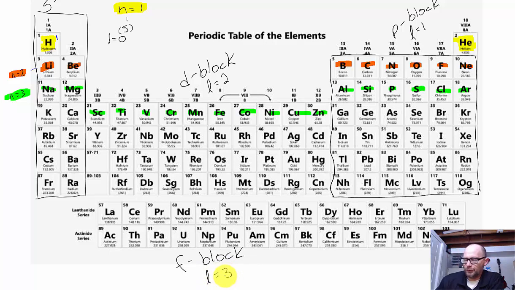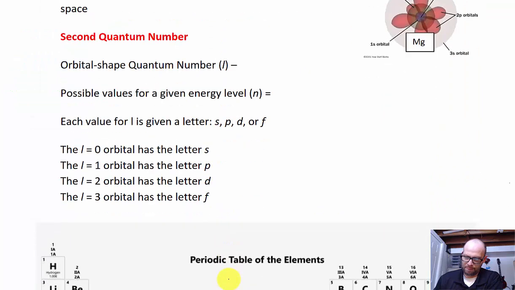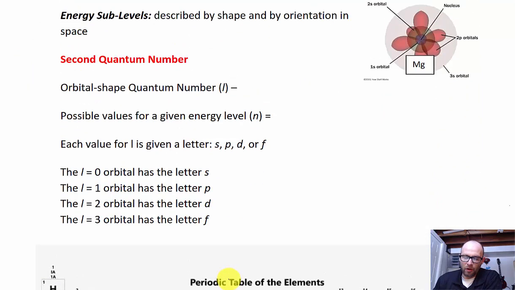So let's look at how this works out. The second quantum number, that's where I was talking about the s, p, d, f, all of that stuff. It's called the orbital shape quantum number. It tells you the energy and shape of the sublevel.